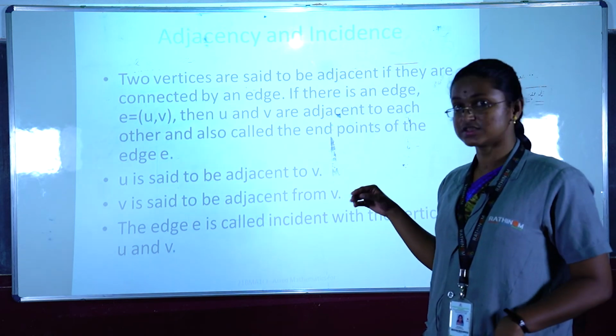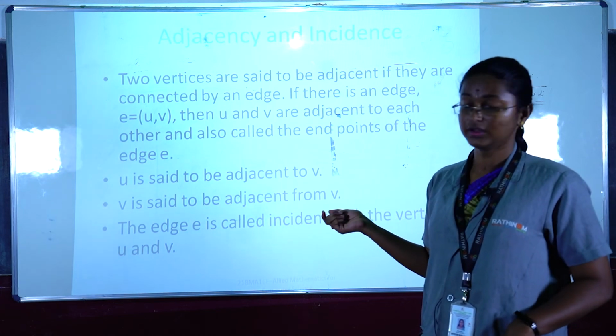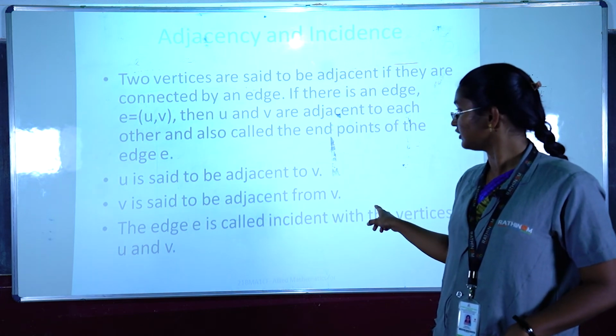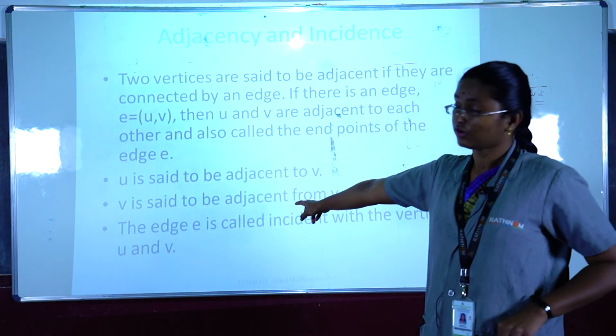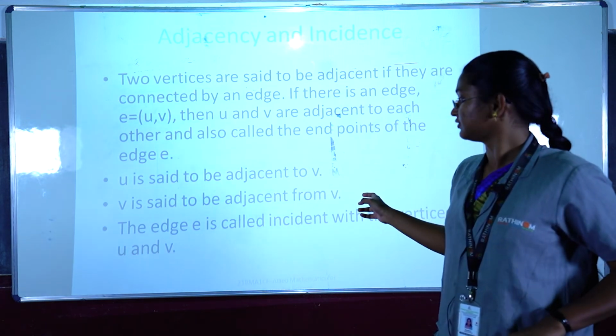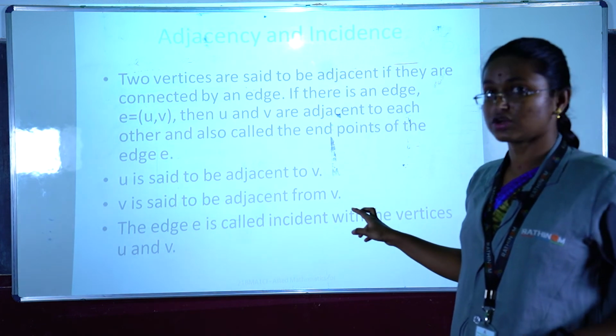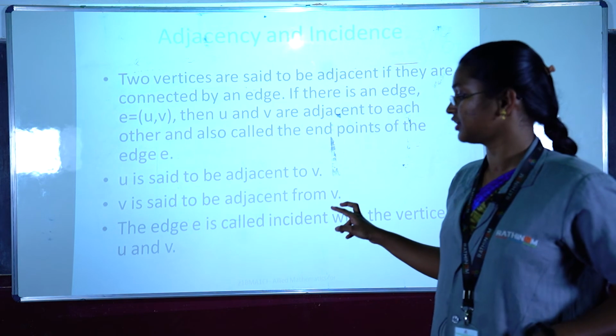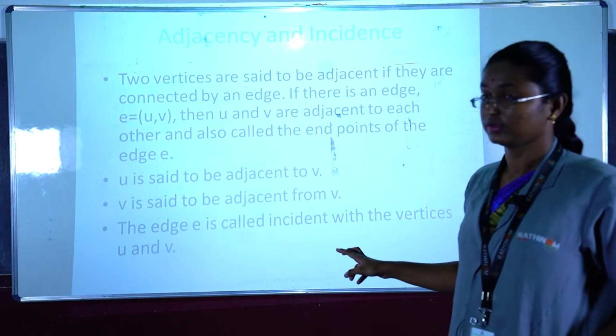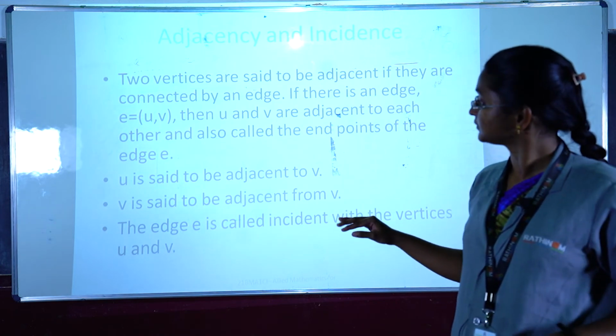U is said to be adjacent to V and V is said to be adjacent from U. These two points are mainly for directed graphs. The edge E is called incident with the vertices U and V.